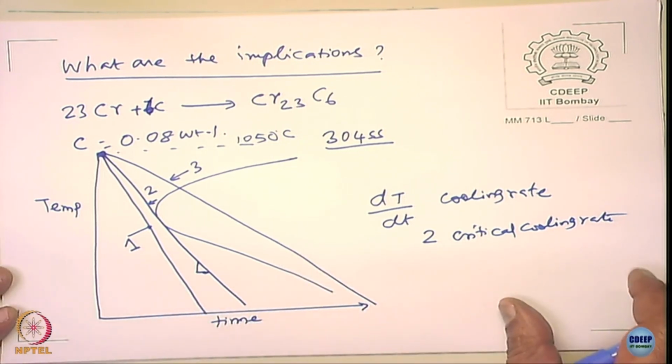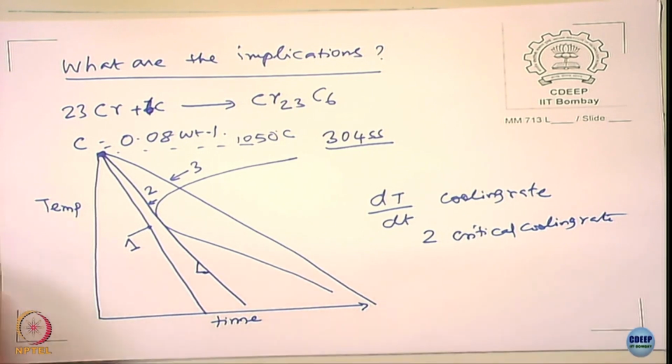See, a typical 304 stainless steel, we discussed earlier, has about 0.08 weight% carbon.